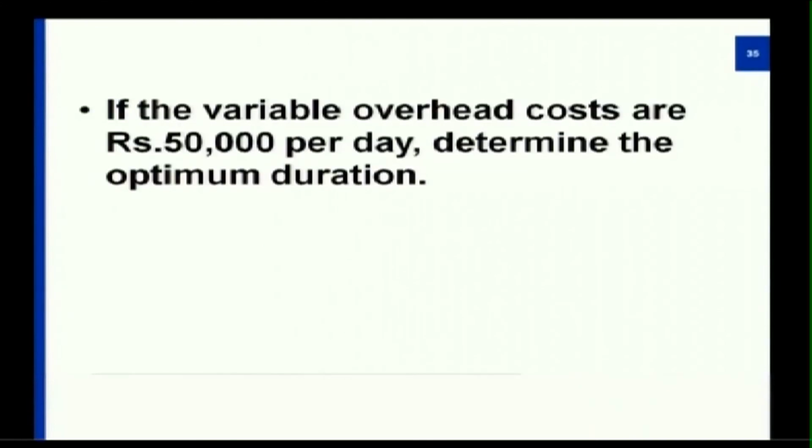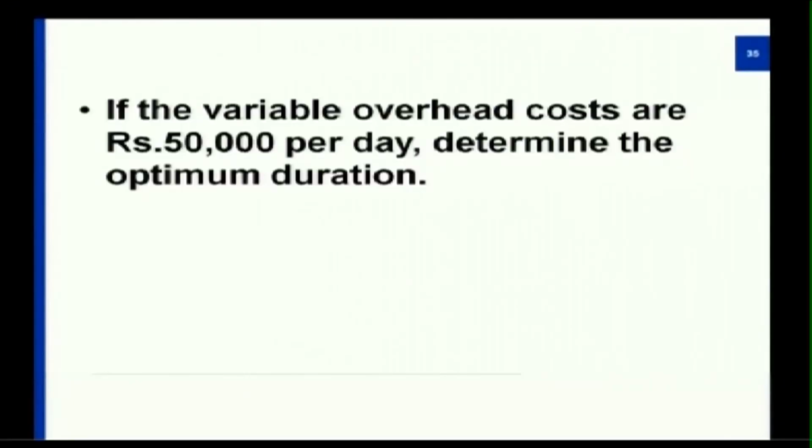On top of what I have explained to you, I have included one more thing which would indicate the cost: if the variable overhead costs are rupees 50,000 per day, determine the optimum duration. This is the column that I have included on top of what exists. I have given you a normal cost and a crash cost also.